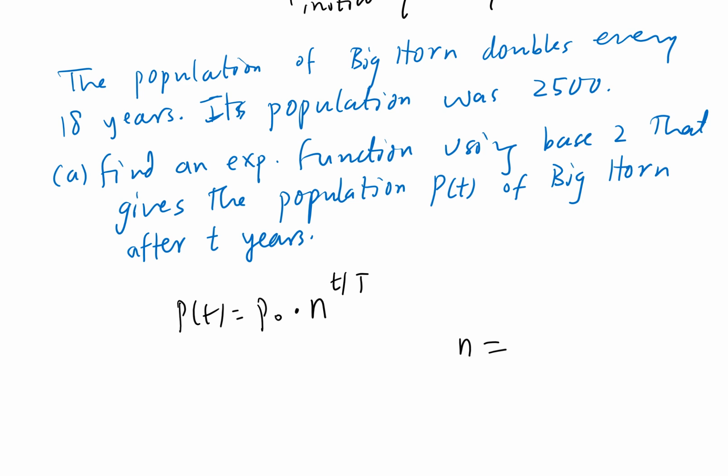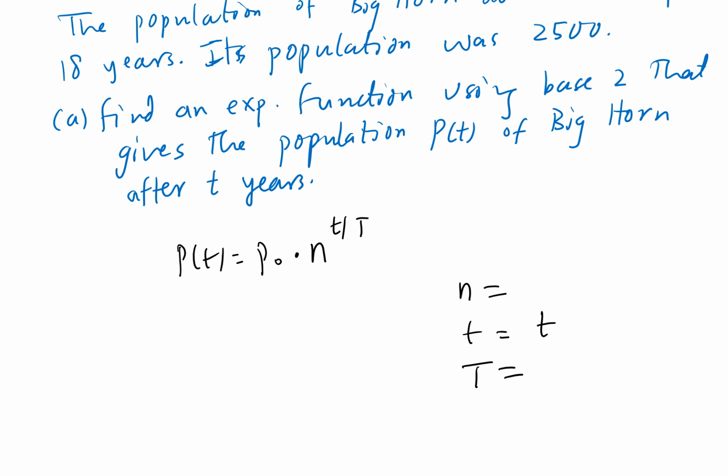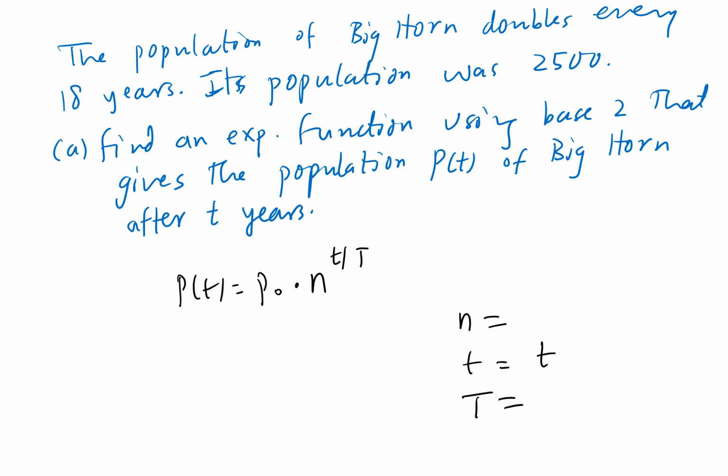What is n and what's capital T, and P sub 0? Remember, n is the base, which is given to us as 2. We don't know t, the time, but it doubles every 18 years, so capital T is 18. And the initial population was 2,500.